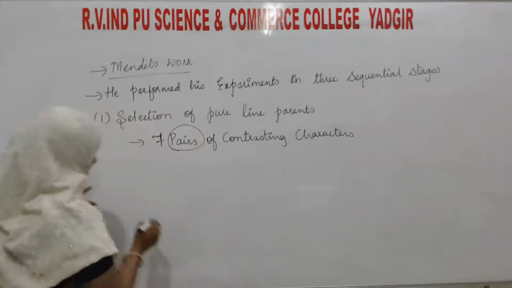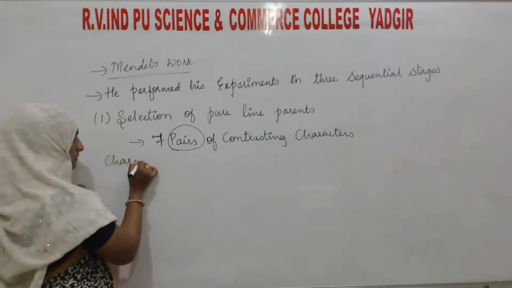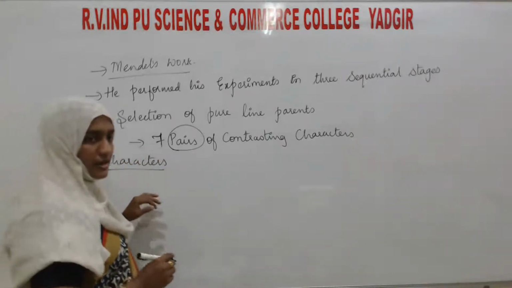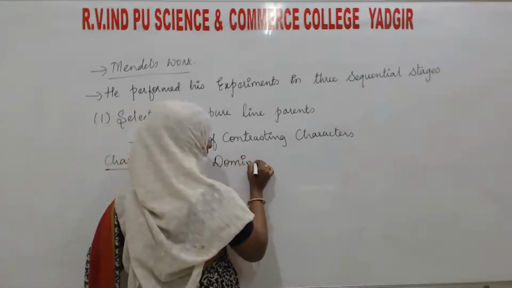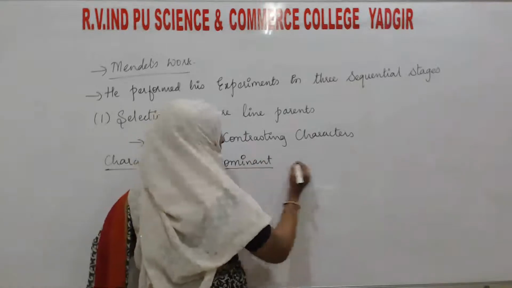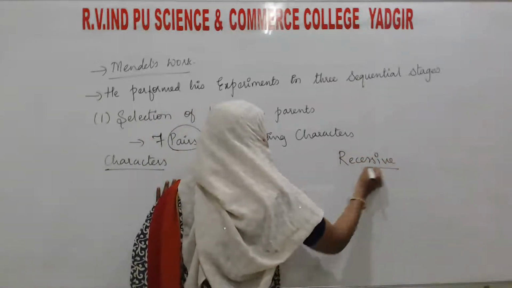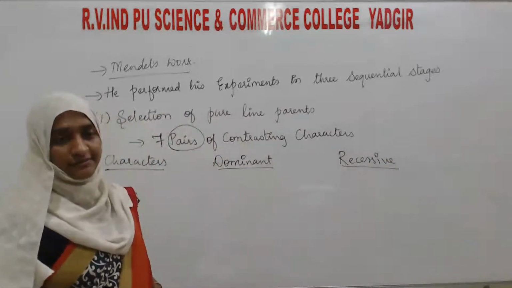So here characters will be of 2 types. What are they? One is dominant and the other is recessive. Just now I explained to you the meaning of dominant and the meaning of recessive.